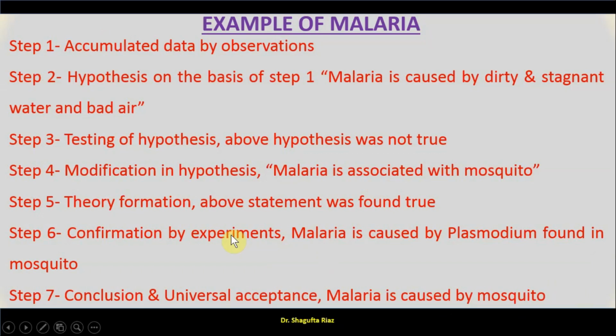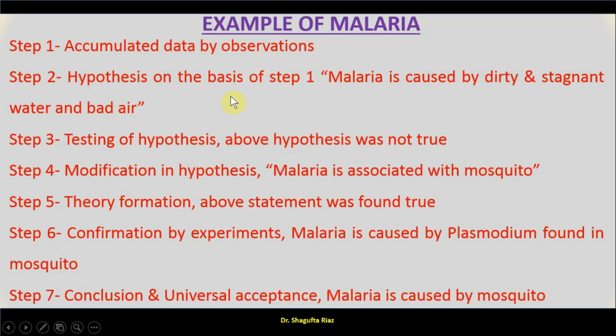Now we will understand these steps of the biological method by the example of malaria. How did the scientists find out the cause of malaria? The first step, they accumulated the data by observations, right?